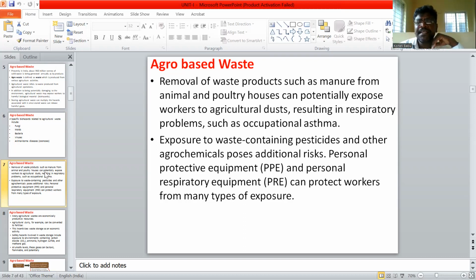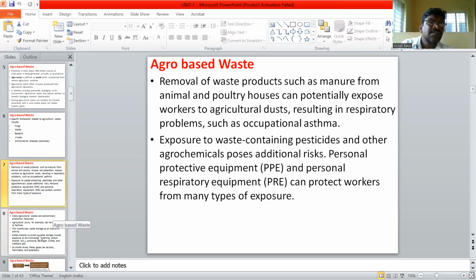That is why people should be personally protected from these gases. We can use personal protective equipment and personal respiratory equipment to protect from these gases. So these are the agro-based wastes, and how to protect from them is discussed here.